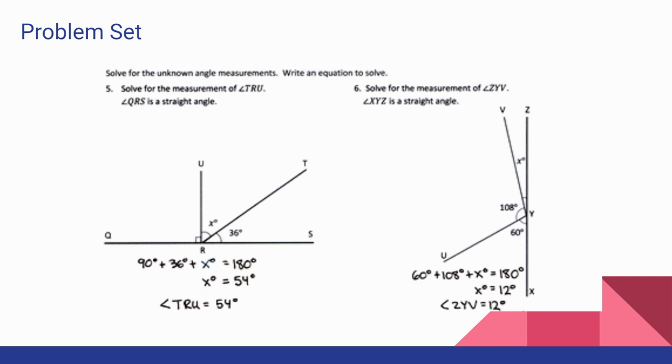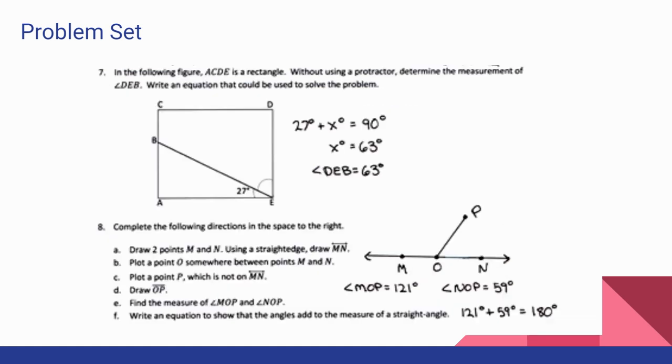On this page, I see that they wrote the angle measures equal, and then the angle letters equal the angle measure. That's a good idea too. And of course, in that last problem, you will have different answers. That's an example. It just depends on how you drew your angles and your points.